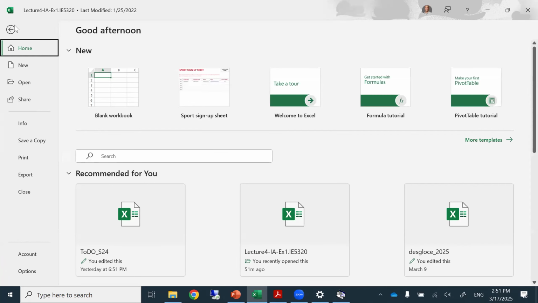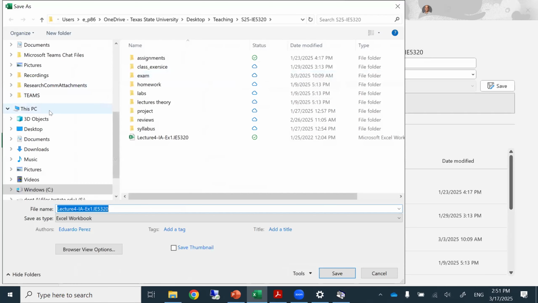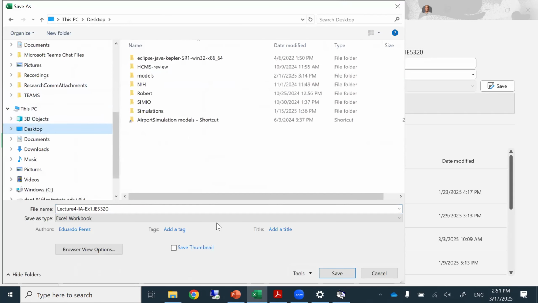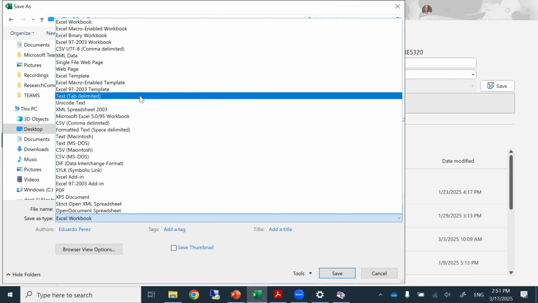So how do you save the model or data in that way? We can save a copy, go here, find your location, right? So let me find the desktop in my case. And then you have a lot of options here. I will use the text tab delimited. As long as it is .txt, should be okay.